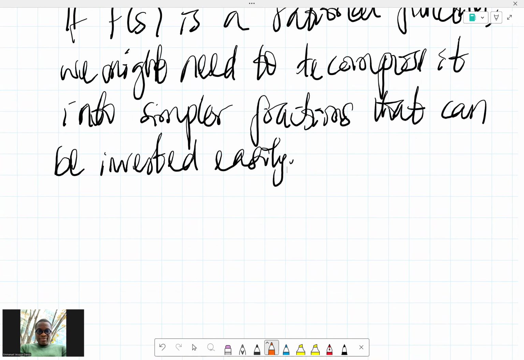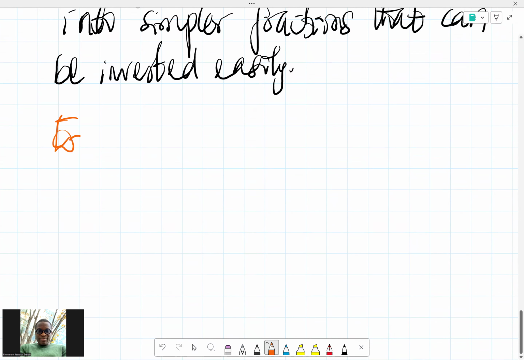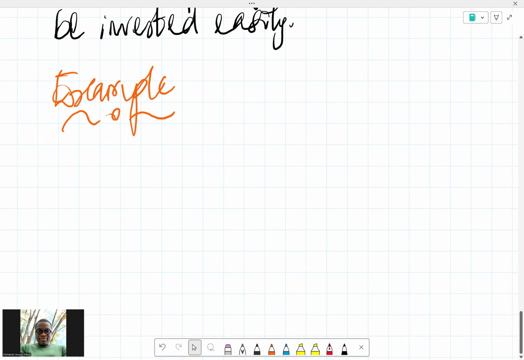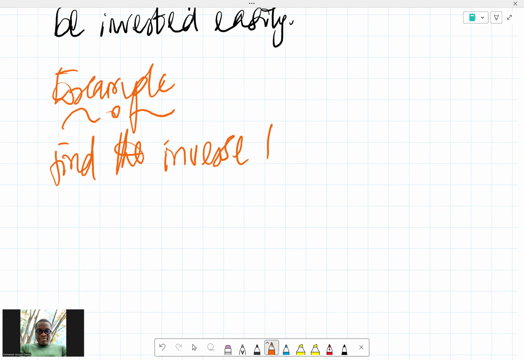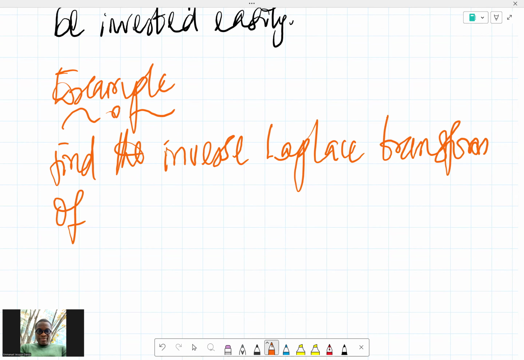So let's look at this simple example before I talk about methods for inverting a Laplace transform. Find the inverse Laplace transform of F of s, which is equal to 1 over s plus 2.